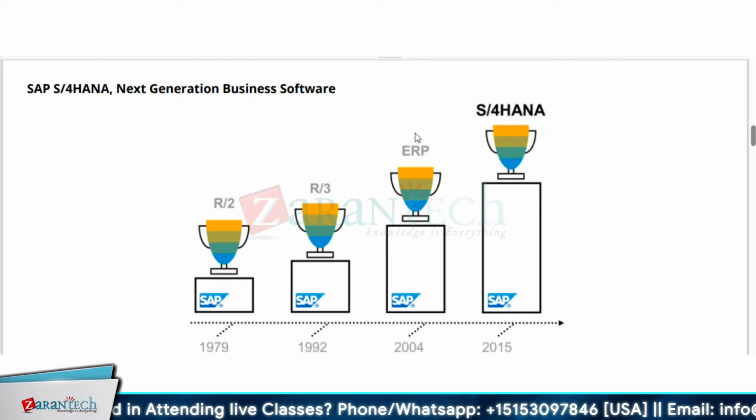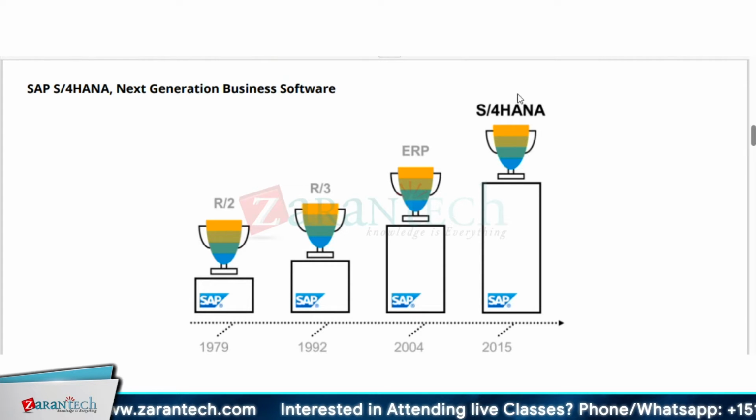In the 2000s, in 2004, a new version of the ERP suite, ECC, ERP Central Component, was introduced. Basically, it was a platform to connect SAP and non-SAP applications. When we moved to ERP, that was when the actual integration platform was created for integration between SAP and non-SAP applications.